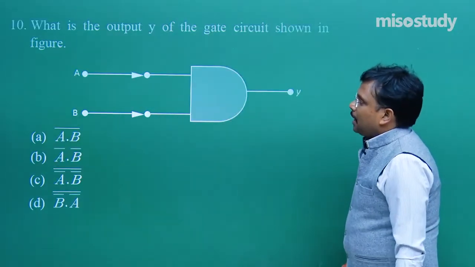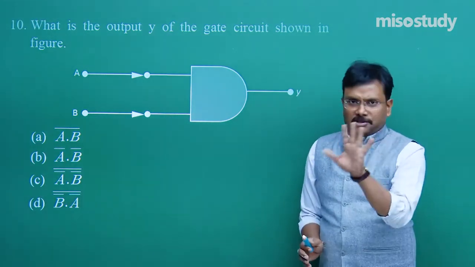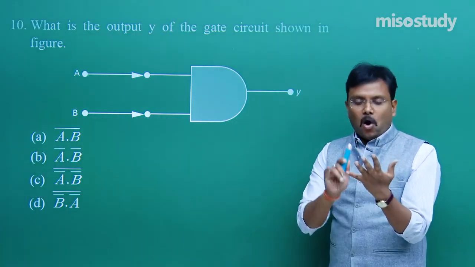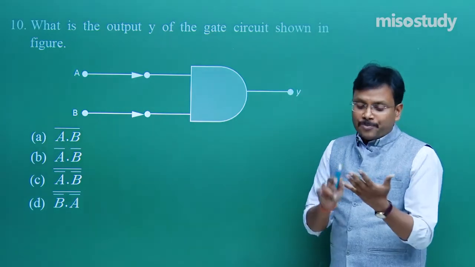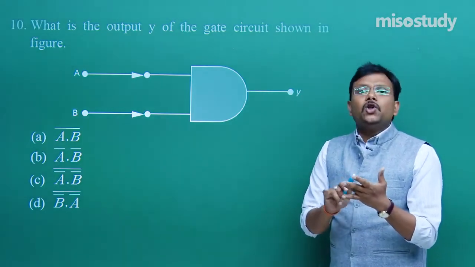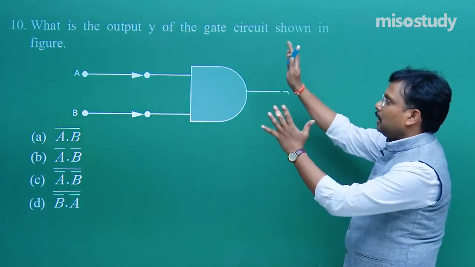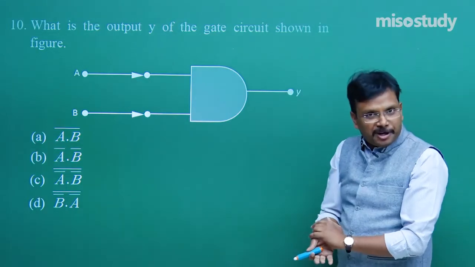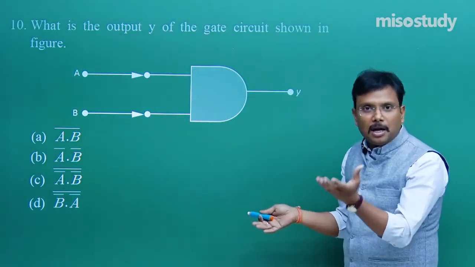My point is, first there are these few types of gates you are supposed to know: AND gate, OR gate, then NAND gate, it's a combination of AND and NOT, and then NOT gate, NOR gate. So first you should remember the symbolic representation, fine, and the Boolean expressions, okay, and some logical table outputs.